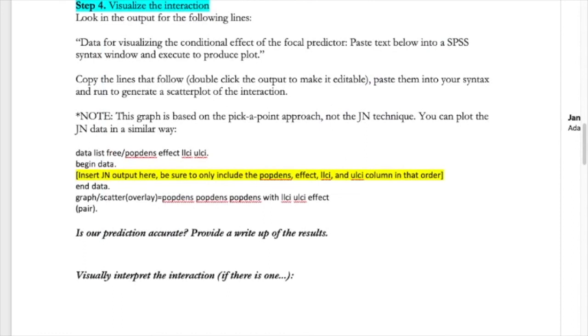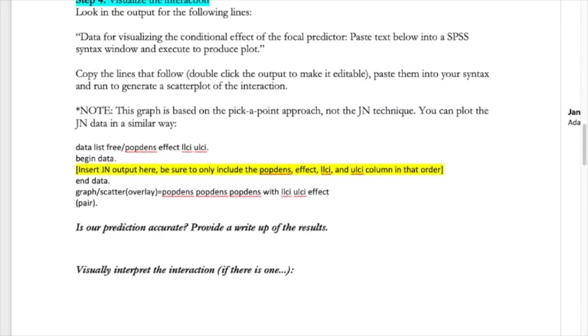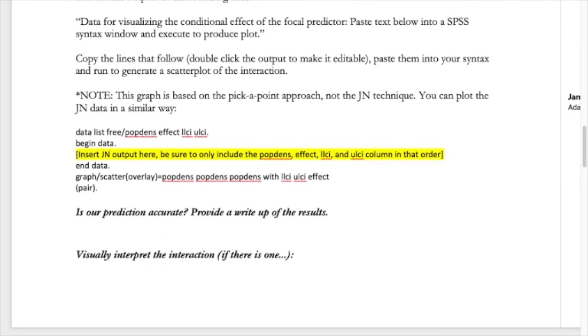Okay, going back to the lab document, we have just these two questions, and I've already pretty much gone over them, but I ask you to write it down. Write down the results, and then write up your interpretation of the visual interaction.